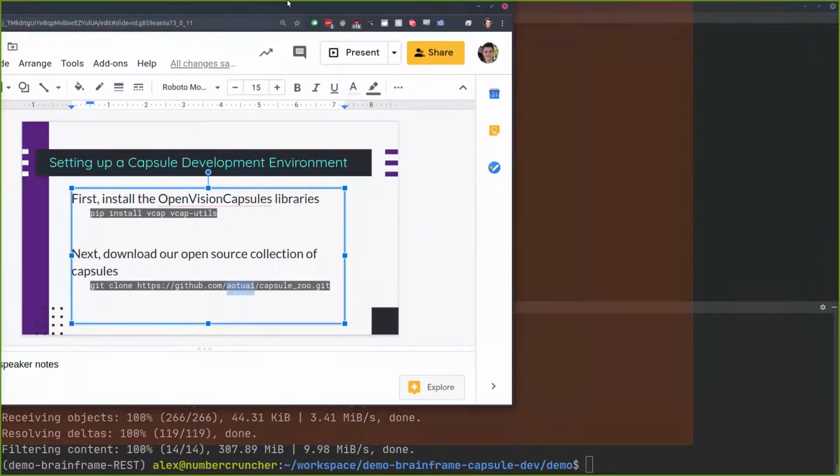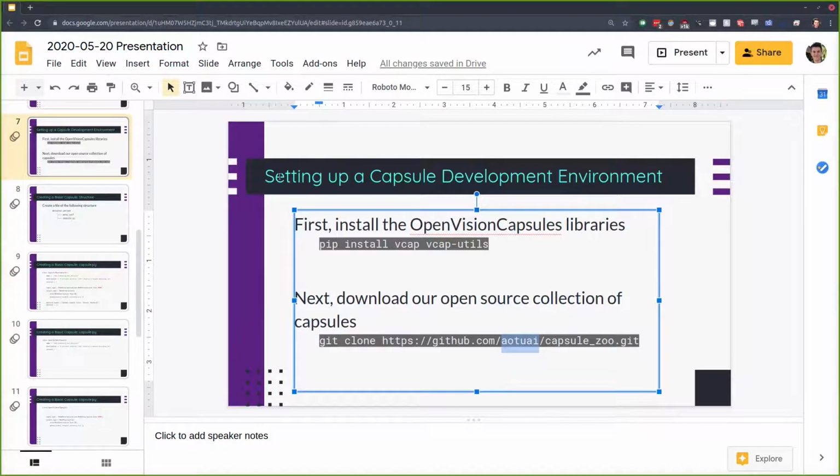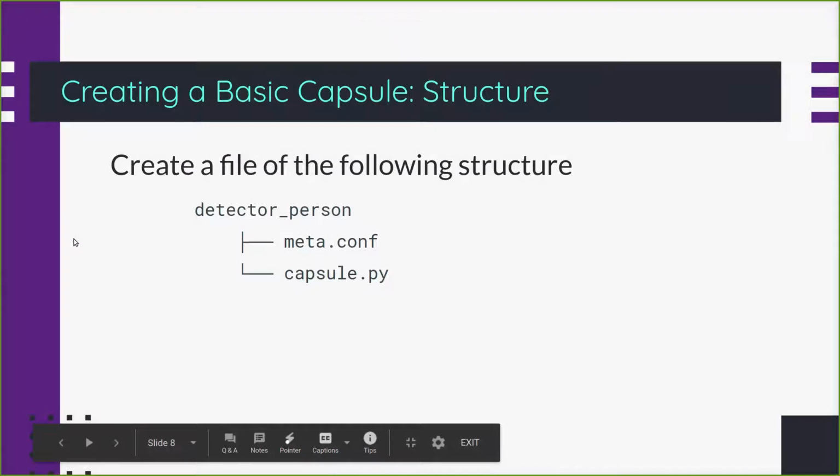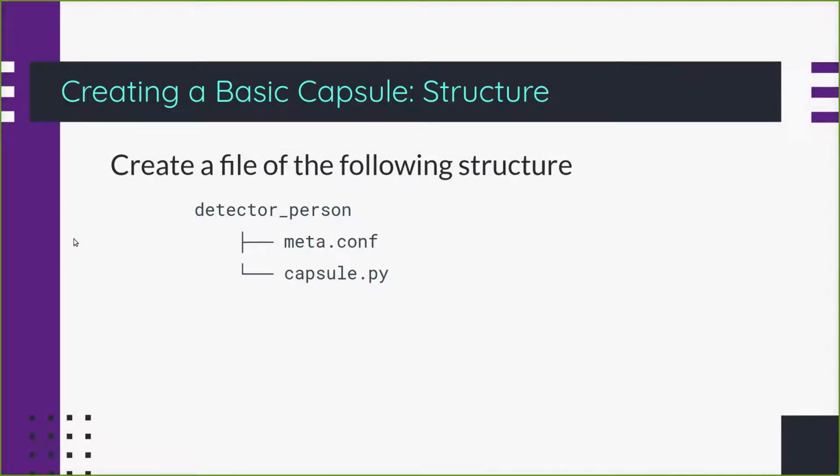At this point, I think it's worth talking about what exactly makes up a capsule. The very first thing is the actual structure of the files. In order to have a capsule, you only need two files.